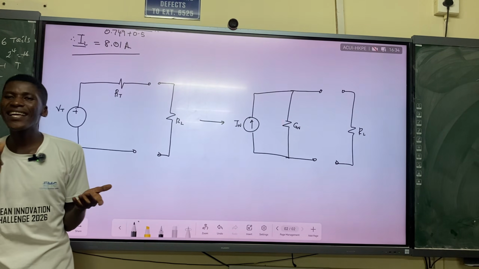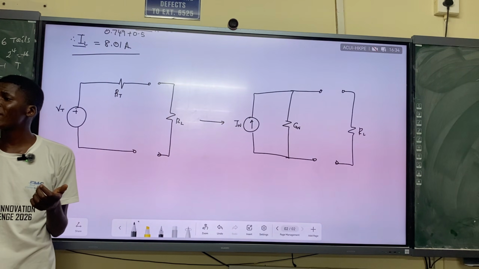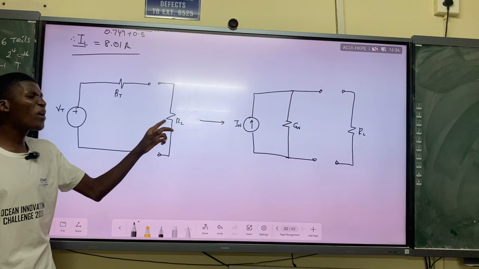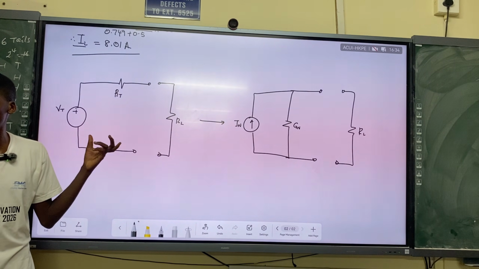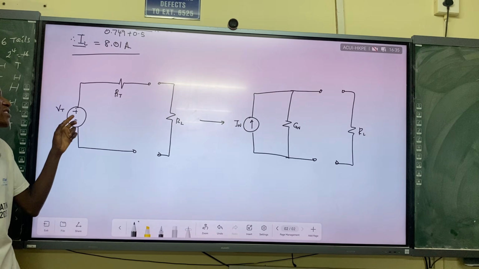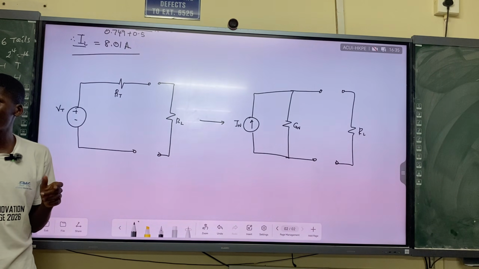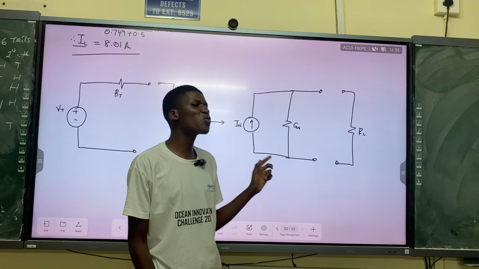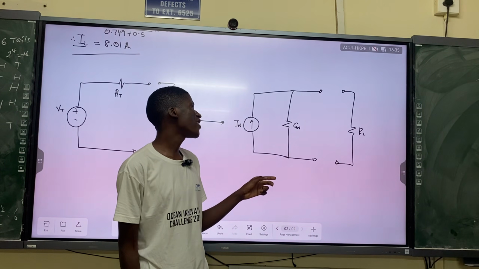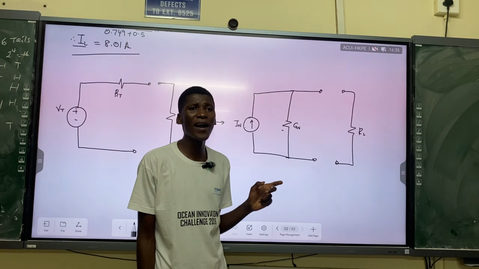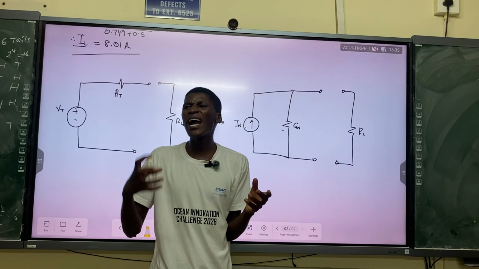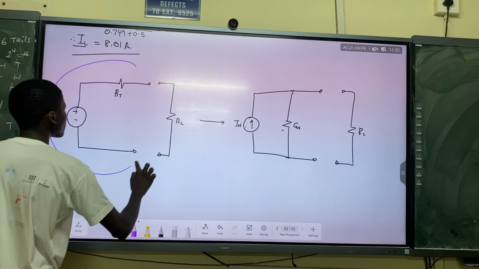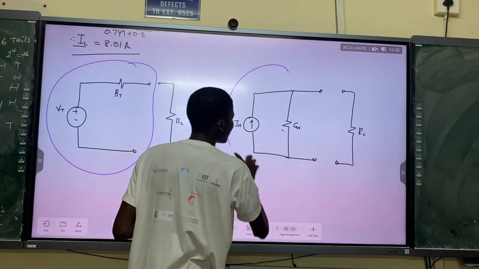So this says you can transform a source. To find R load I can either use Thevenin's theorem, with a voltage and a resistance, or I can use Norton's, with a current source in parallel with Gn. In other words, this whole thing is the same as this.